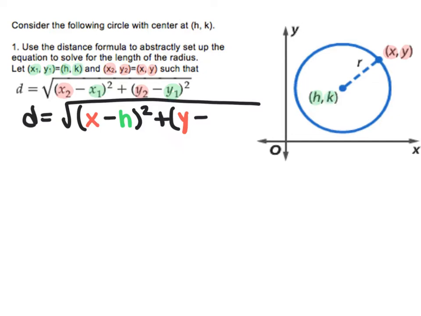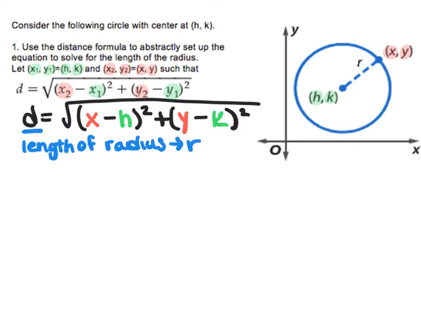So it'll be minus k, close parentheses squared. Now we've just substituted for the x's and the y's. The other thing is we know that this distance we're using is solving for the length of the radius, which we're going to treat as r, as given in the diagram.